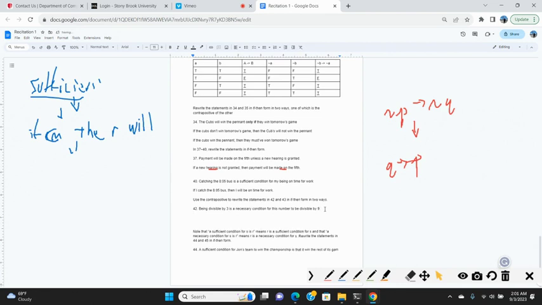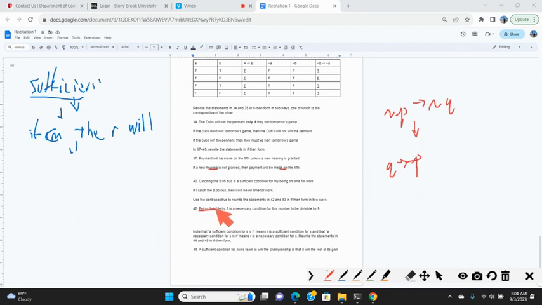What we can also do with interpreting statements into if-then forms is write the contrapositive of those, and therefore we would have two ways of writing them. So we can try this problem where being divisible by 3 is a necessary condition for a number to be divisible by 9, and we see that there's a necessary keyword here.